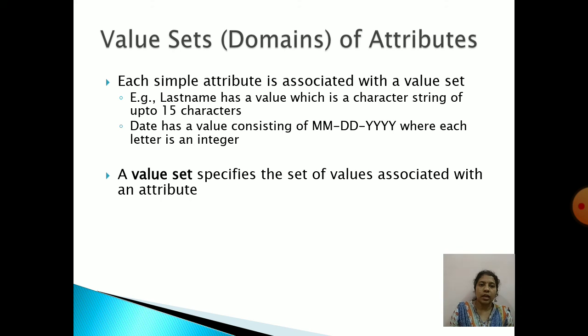Like that I can take the values for the date attribute. So a value set specifies the set of values associated with an attribute. For any attribute you have to see the set of permitted values, and from that you take the data.